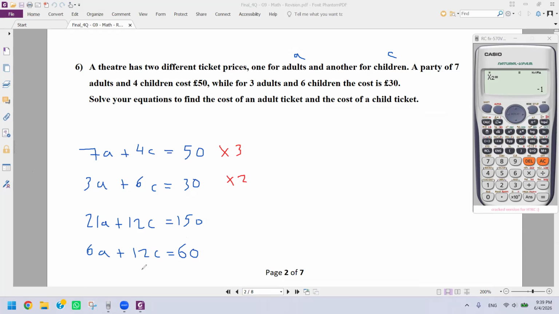Now look, 12c, 12c, they have the same sign, so here I will subtract. 21 minus 6, 15a, c cancelled, equals 150 minus 60, is 90. Now to find a, you do 90 over 15, which is 6. Don't forget the unit, 6 pounds.